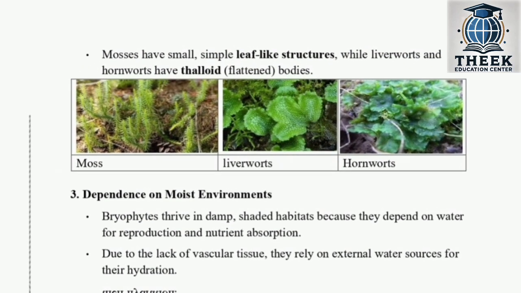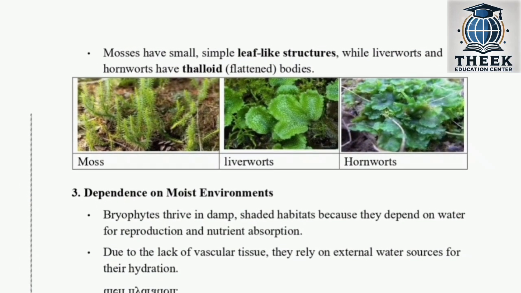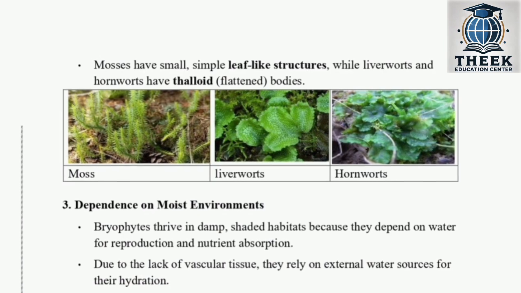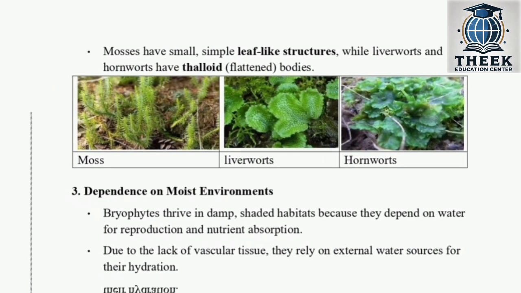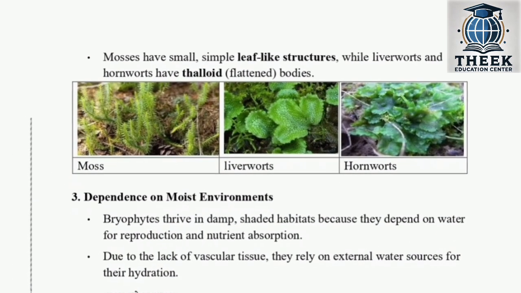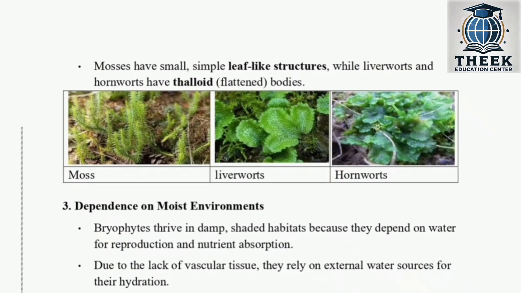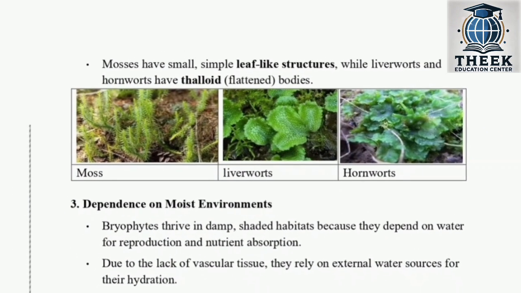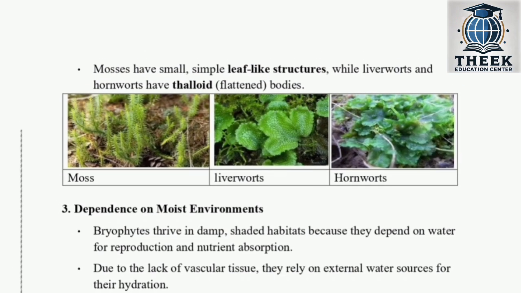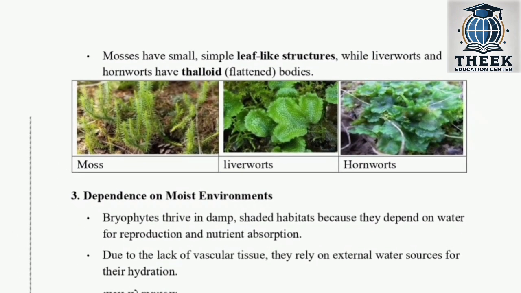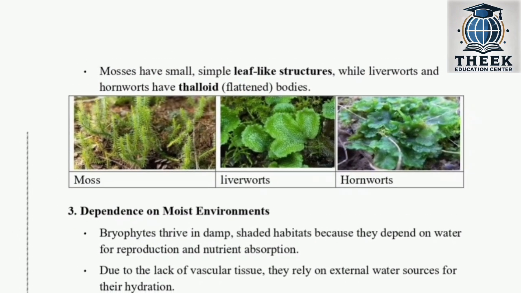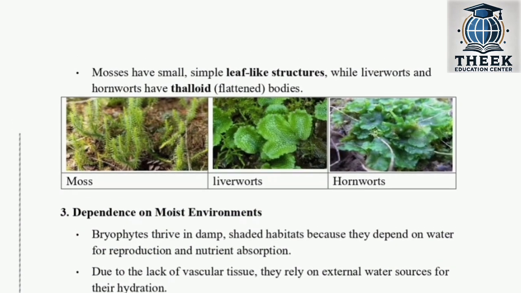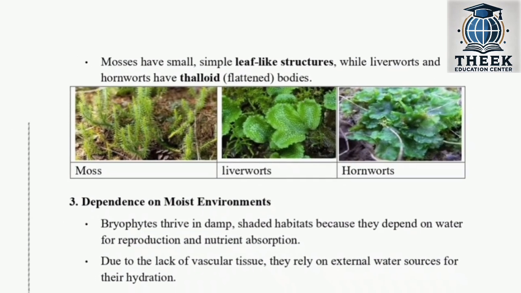Bryophytes thrive in damp, shaded habitats because they depend on water for reproduction and nutrient absorption. Since most of these plants don't have true roots, and due to the lack of vascular tissues, they rely on external water sources for their hydration.